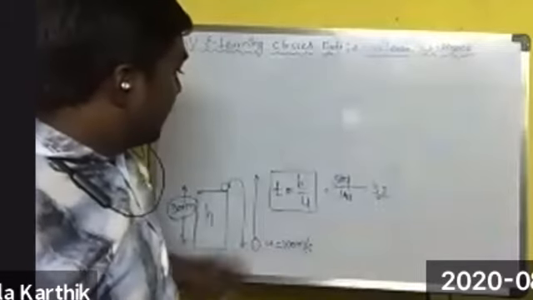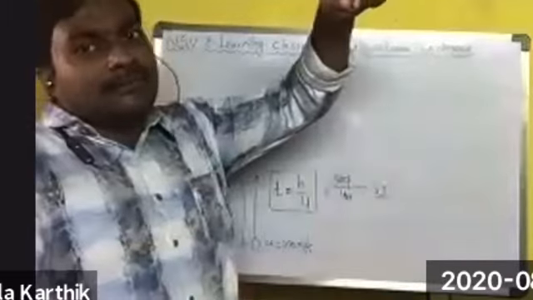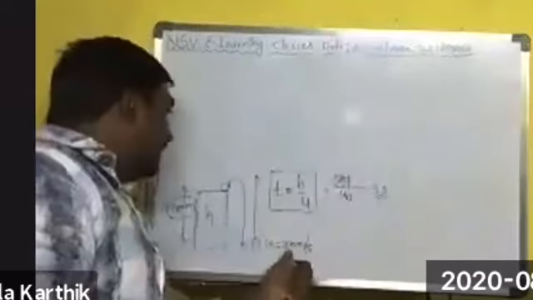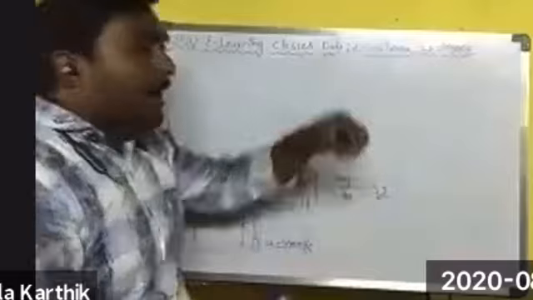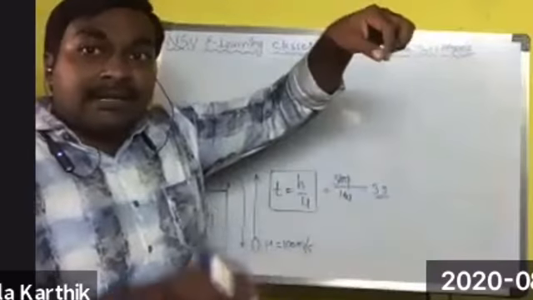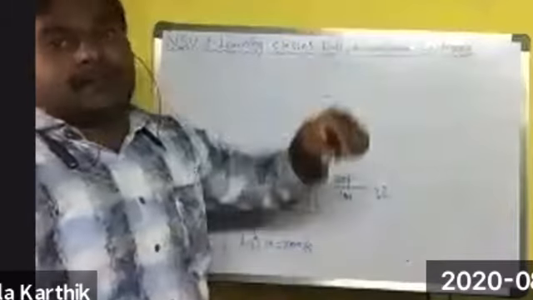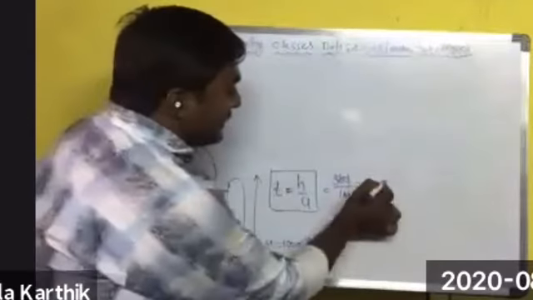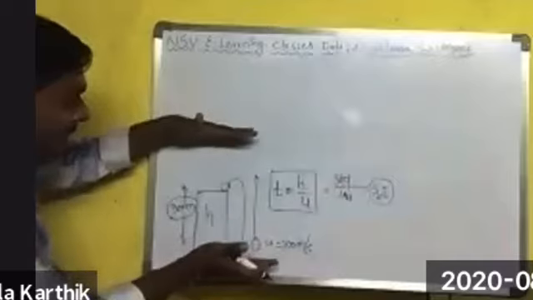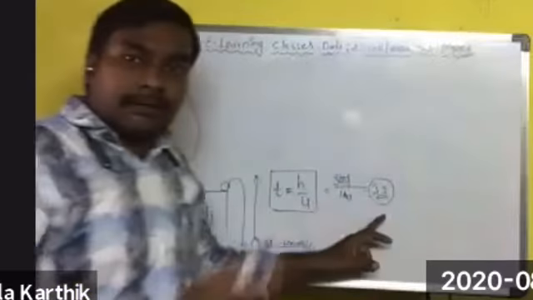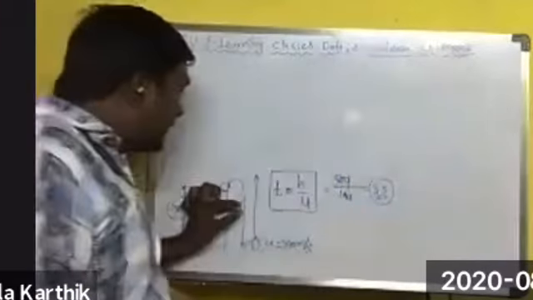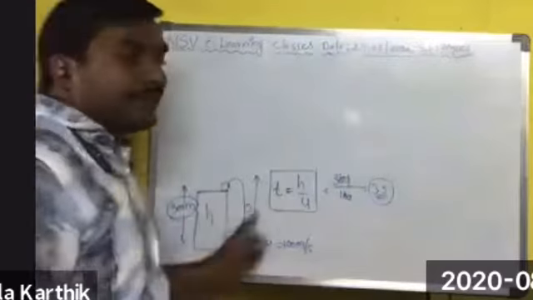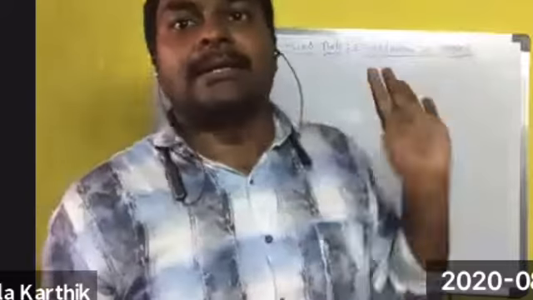So when they are meeting, at the same time I released this one, I threw that one with some velocity, from a height of 300. So after 3 seconds after the experiment was started, at the 4th second they are meeting.